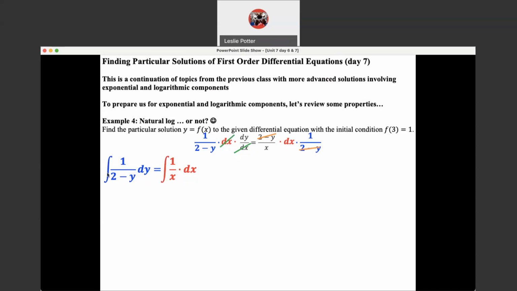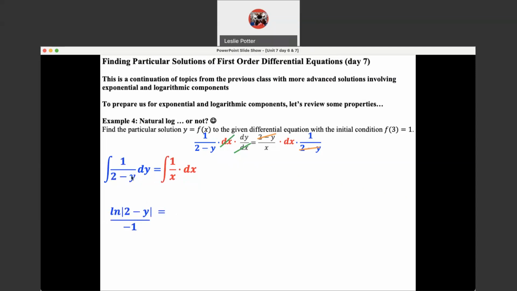Now we got to look for the reversal of the chain rule. This one, its derivative is -1. This is tricky, but you'll see this a lot. So this is the natural log of 2 minus y divided by -1. We're dividing out the derivative of this u sub here. Remember, the u sub and reversing the chain rule are the same thing.